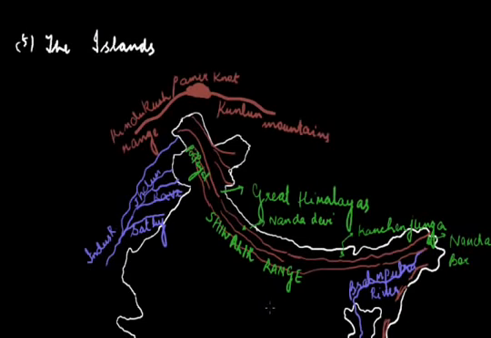So in the map we see the location of these ranges. This is the Ladakh range, which you can mark as the Ladakh range. And this is the Zaskar mountains or the Zaskar range.